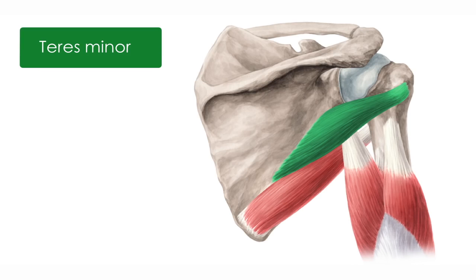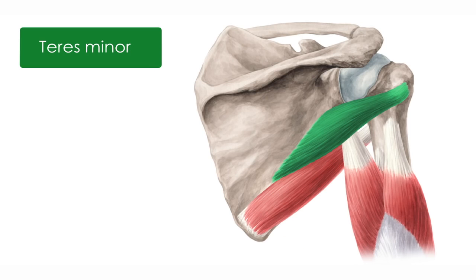So this is not a different image of another muscle. This is still the teres minor that is originating from the lateral border of the scapula and goes all the way to also insert, you see here, on the greater tuberosity of the humerus. Also see here the triceps, and here the teres major.